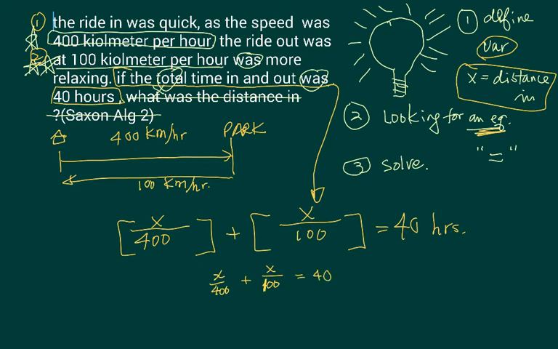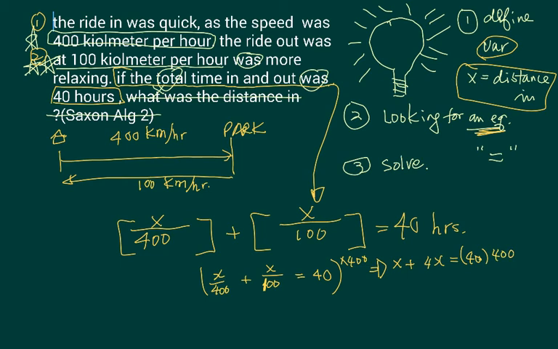From here, we're really just solving a simple algebraic problem. Let's take the easiest way. Let's multiply by 400, actually; maybe that's even easier. Then on the left side we have x plus 4x, is equal to 40 times 400.